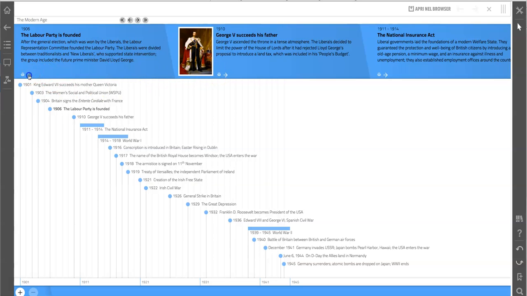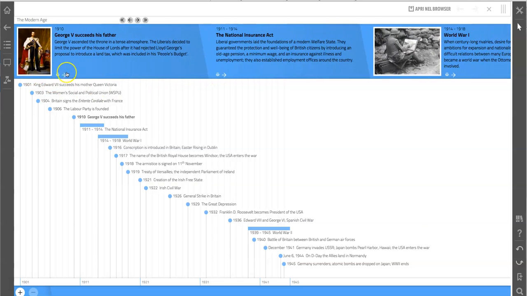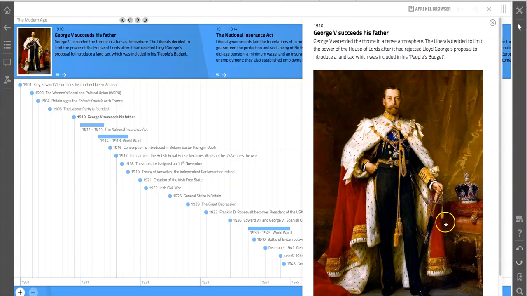Now let's see. George V succeeded his father to the throne of England. Okay, when he became king of Britain, the atmosphere was very tense. And there was so much tension.